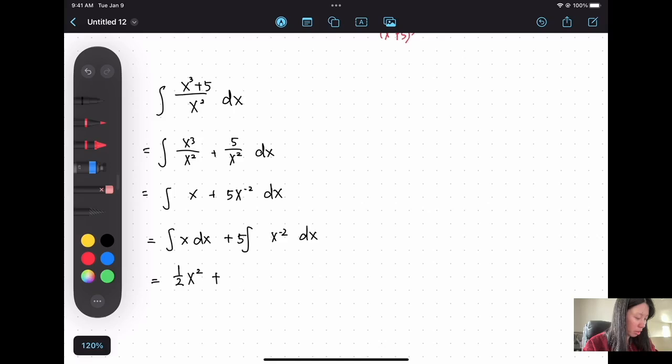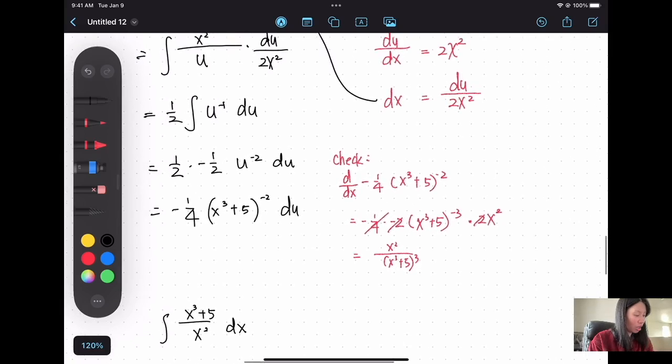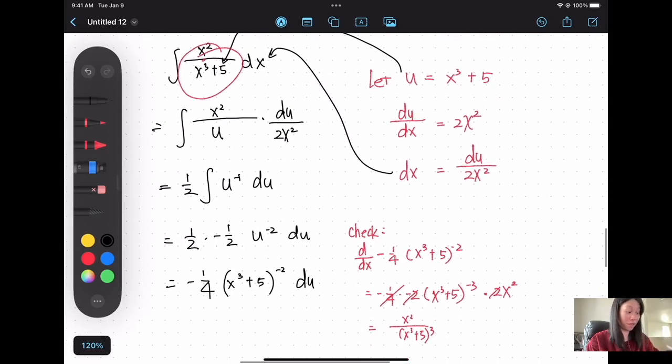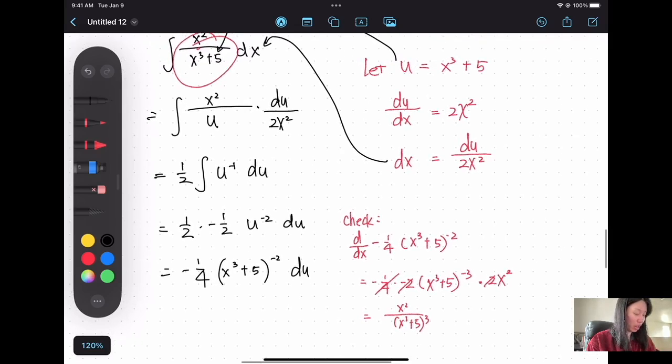Don't skip that. When you integrate those, I have 5 times negative 1/3 x to the negative 3 power, plus C. Don't forget to add C. I may have forgotten to add C in the earlier function, in here. This already doesn't have du. I should go back and add C, the constant term.